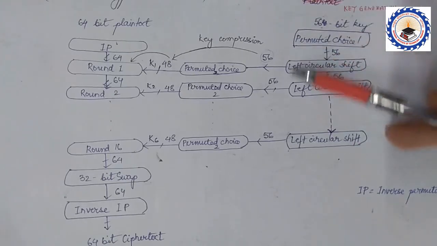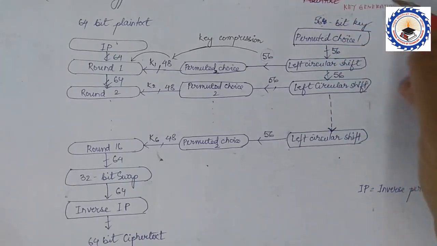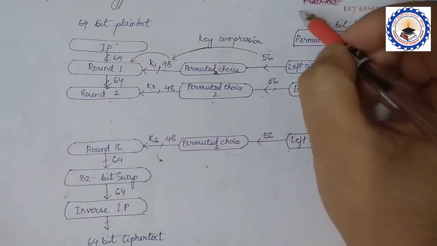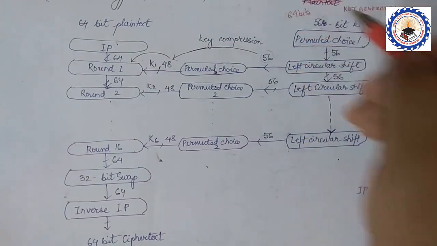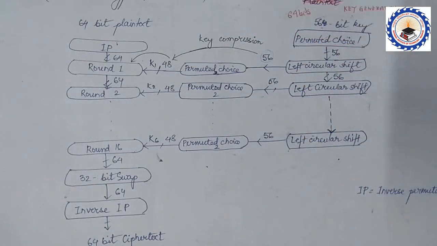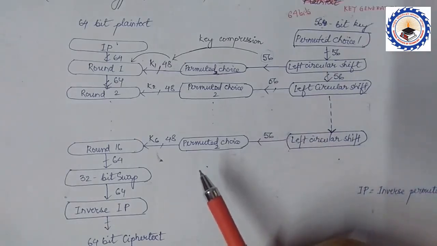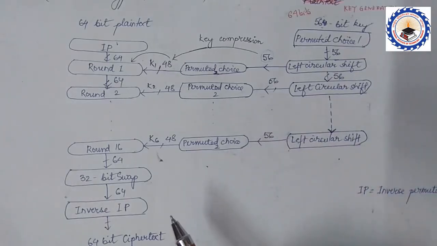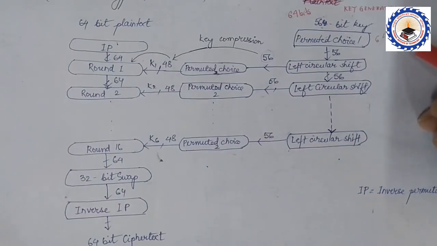The size of the original key is 64 bits, and the size of the plain text is also 64 bits. From that 64-bit key we remove the parity bits.